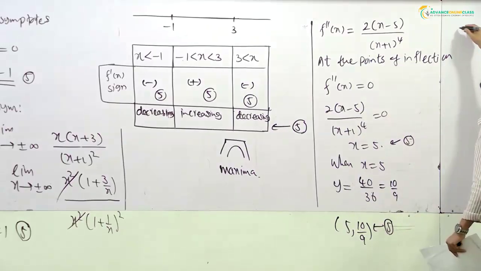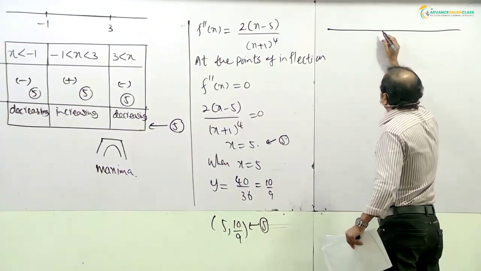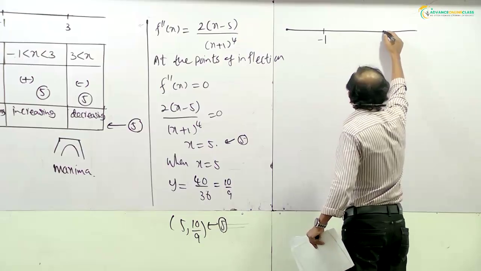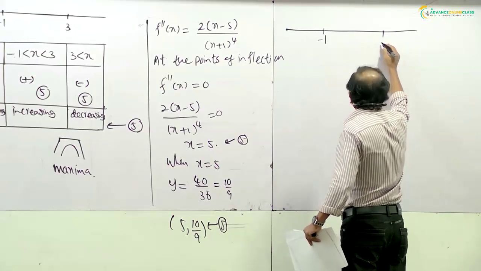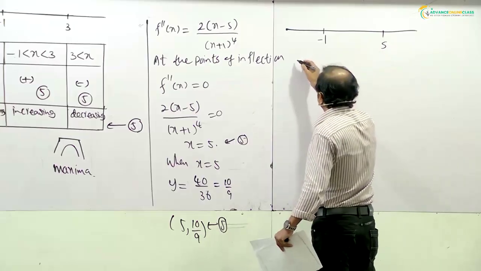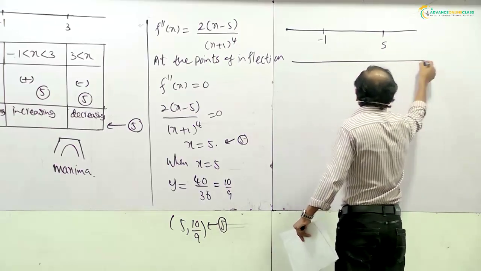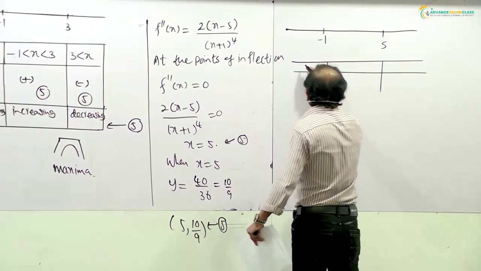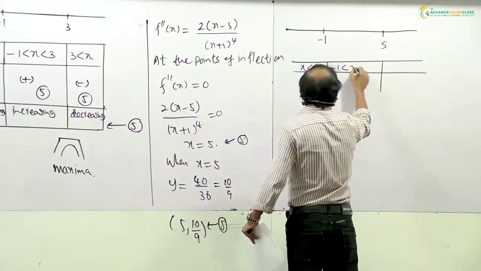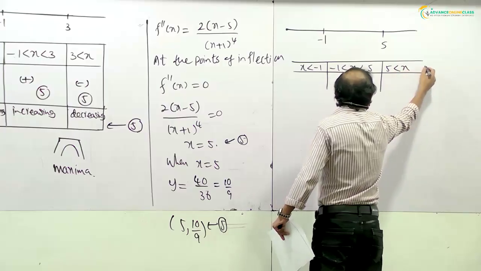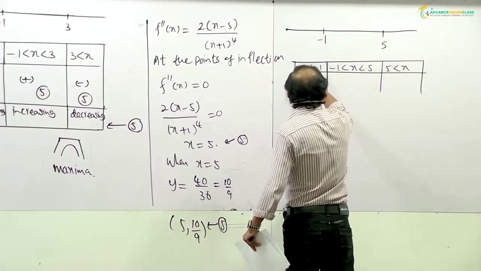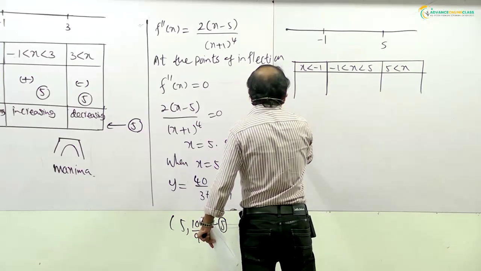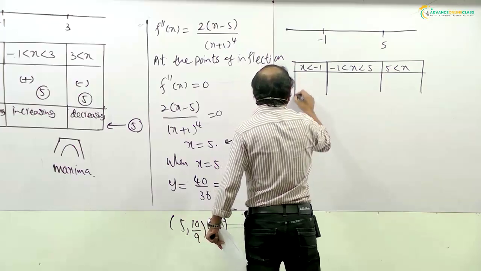Second table we prepare. In the second table, what are the x values we put? Yes. Vertical asymptote x values and x value at the point of inflection, 5. Prepare the table there. Now this time we find the sign of f double dash x.